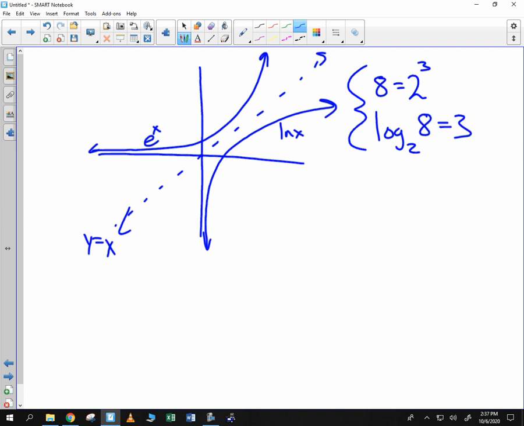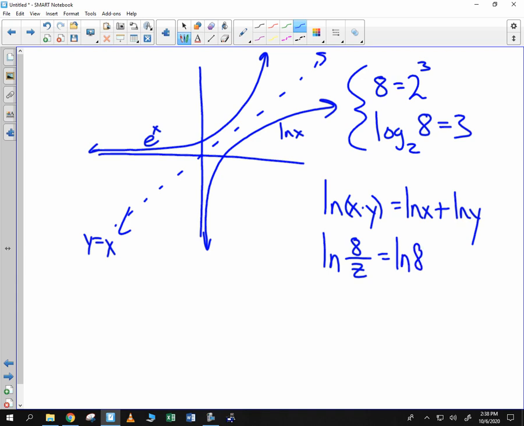For example, suppose you had the natural log of x times y. That's the same thing as the natural log of x plus the natural log of y. Suppose you had the natural log of 8 divided by z. That's the same as the natural log of 8 minus the natural log of z.